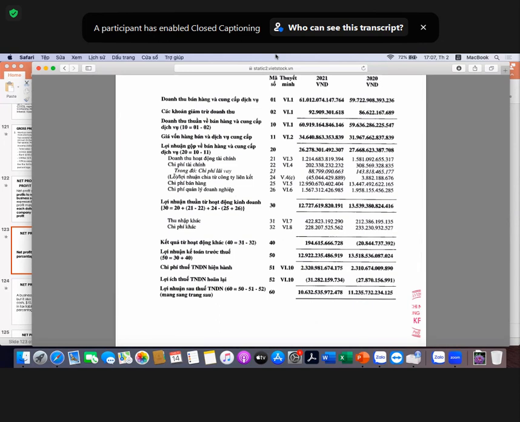So in 2021, Vinamilk earned 17.45 đồng for every 100 đồng collected, and so on with 2020.